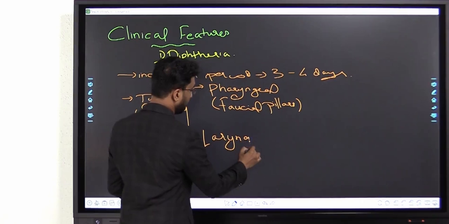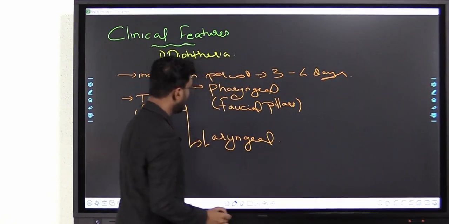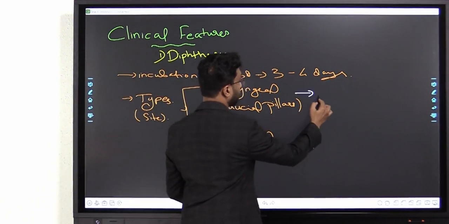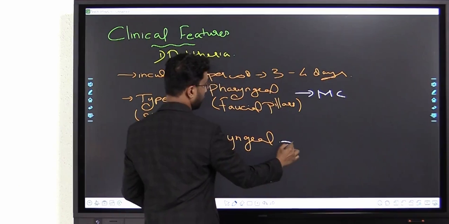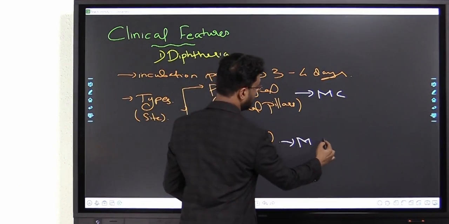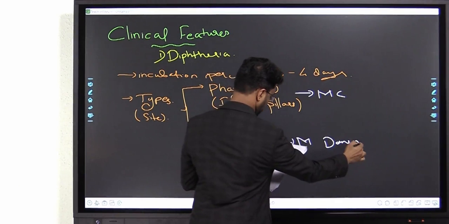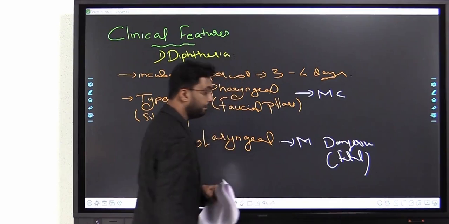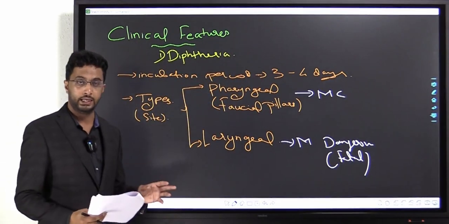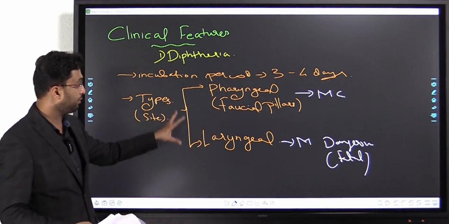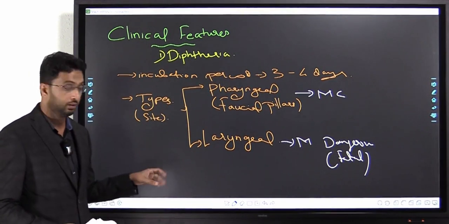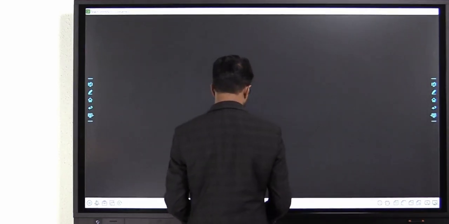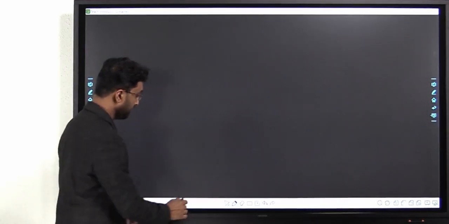The pharyngeal or faucial type is the most common, and the laryngeal is the most dangerous, the most fatal. There are other sites also, but these are the two more important sites, the most common and the most fatal.